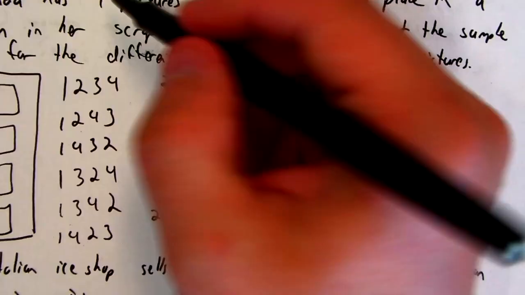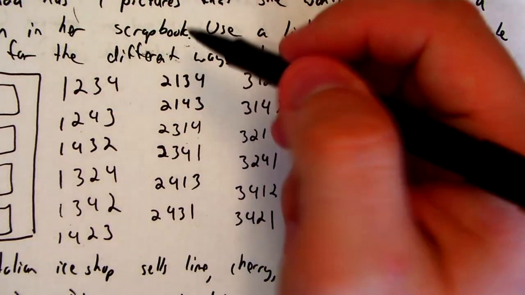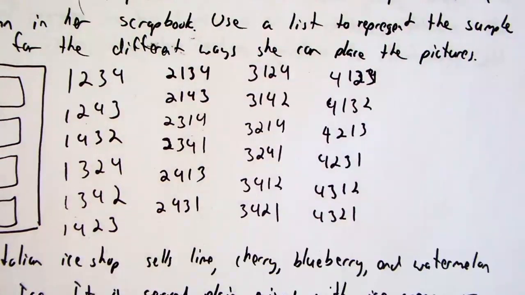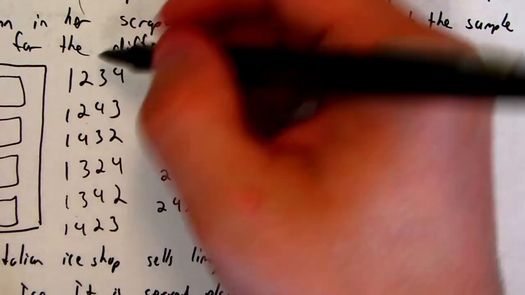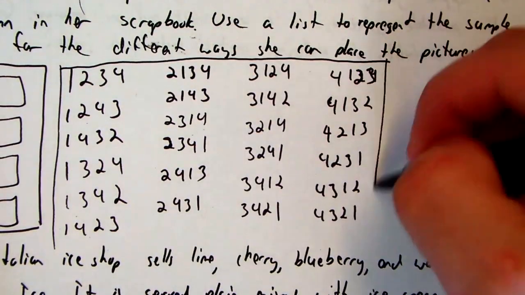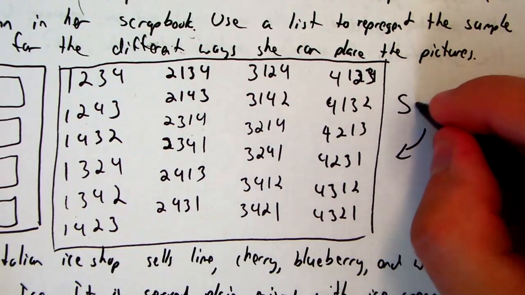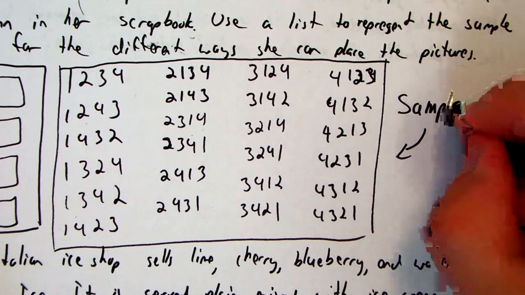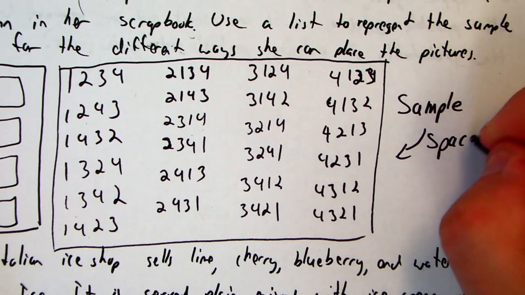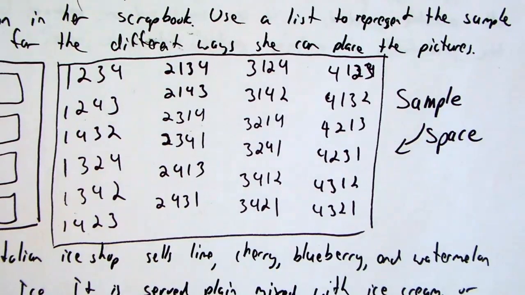And we only used 4 pictures. So there are 24 different possibilities for our sample space. So this, right here, all the way down and across, is the sample space.